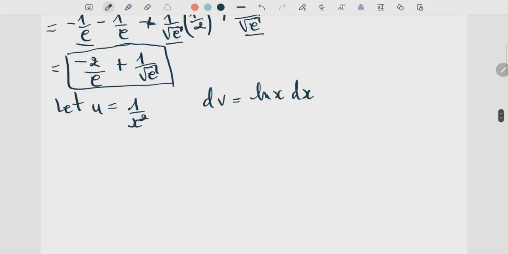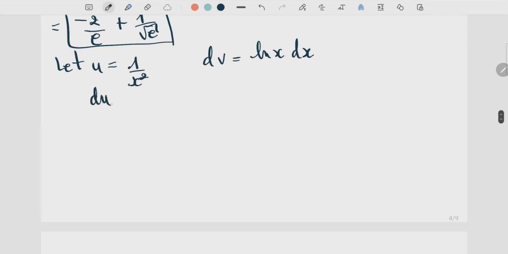Now, we would be able to evaluate our du to be what? Our du would just be the derivative of 1 over x squared, which is negative 2 over x cubed. But then our v would be the integral of ln x dx, which is not an easy, straightforward integral to find.